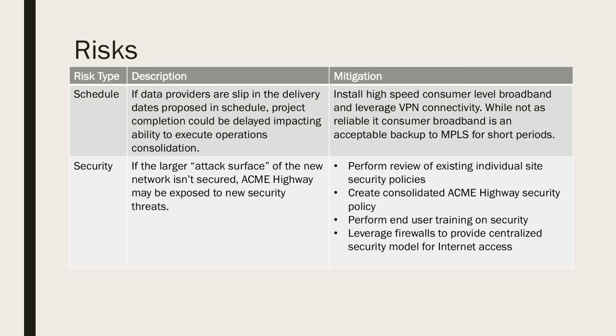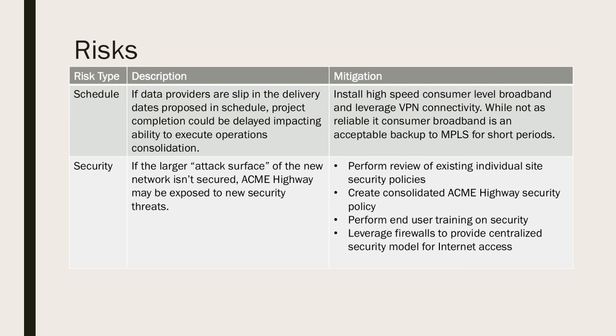The mitigation for this risk is that we're going to leverage common broadband technology, an example being Comcast cable. Those things can generally be installed within 30 days. We'll leverage VPN technology to create a secure connection over that internet connection.